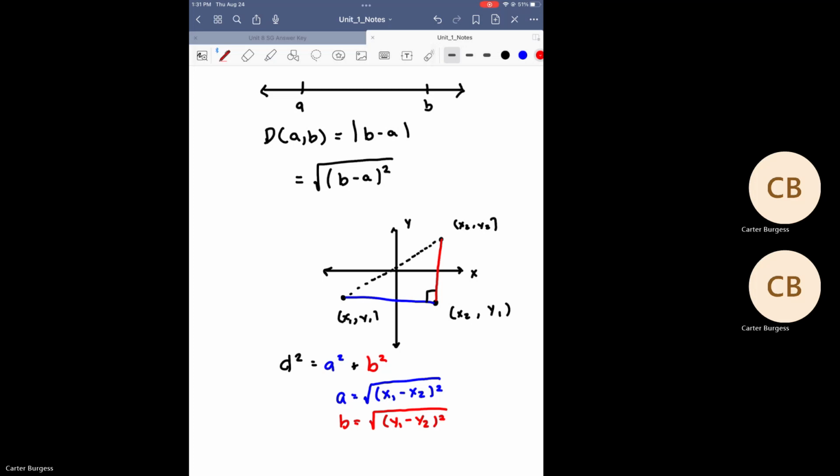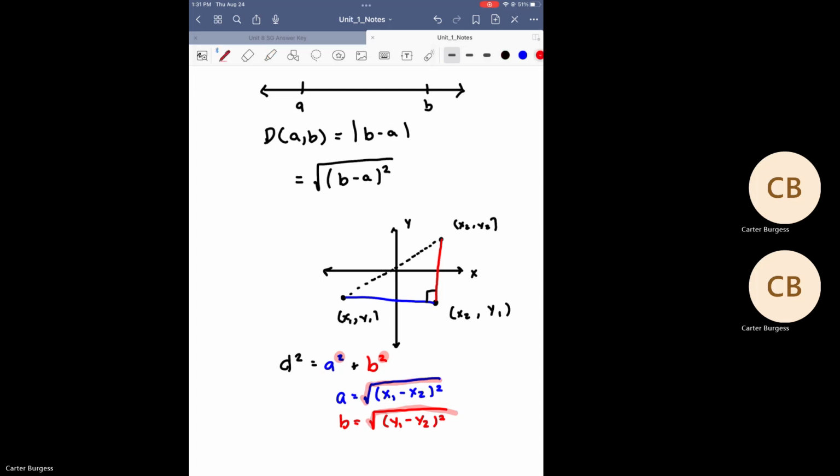Notice here how I have a square root for both of my pieces. Notice also that I am squaring both of those pieces. What's going to happen with my square root when I square it? It's going to go away. It's going to disappear. Fantastic.